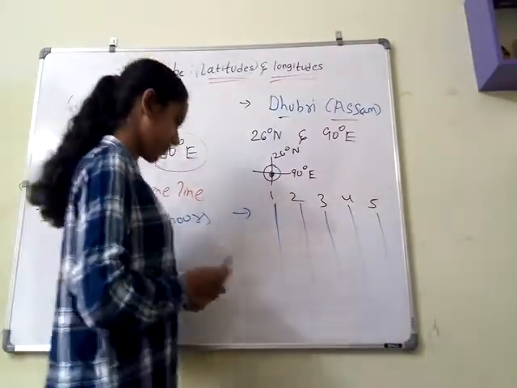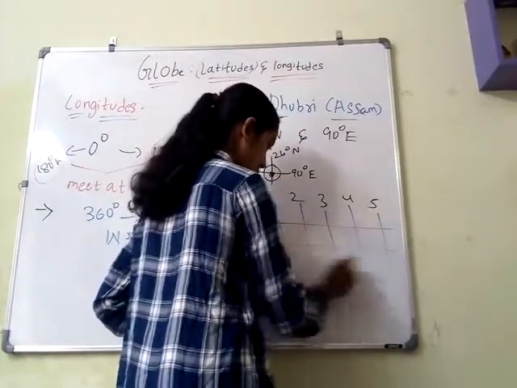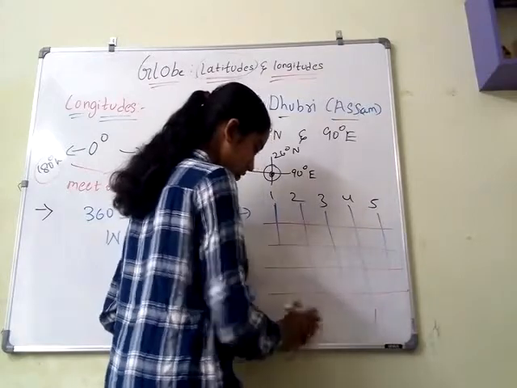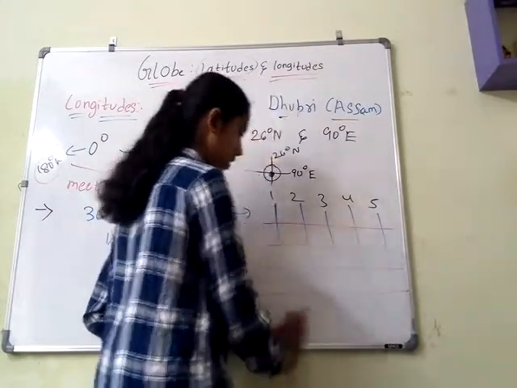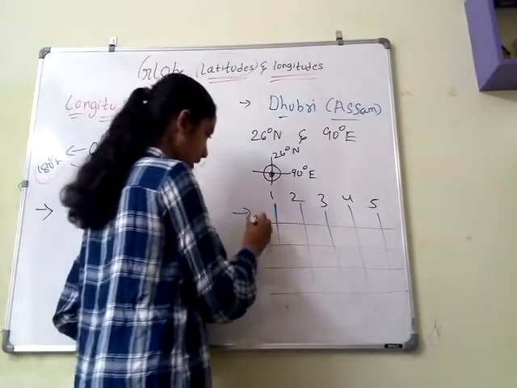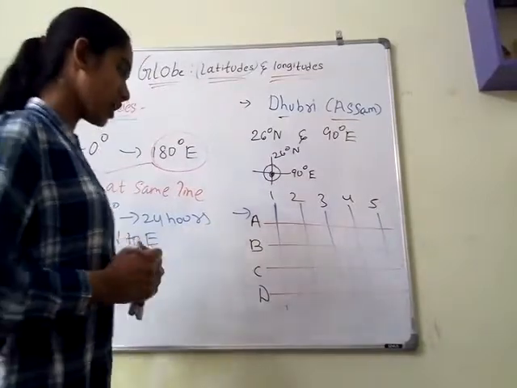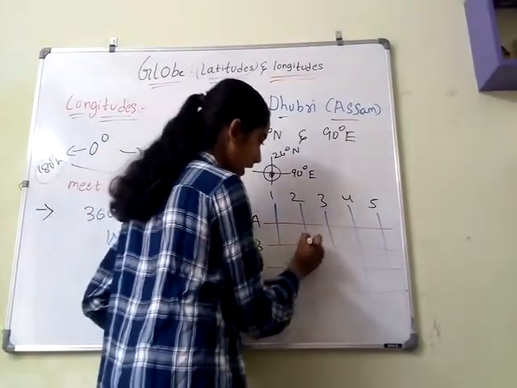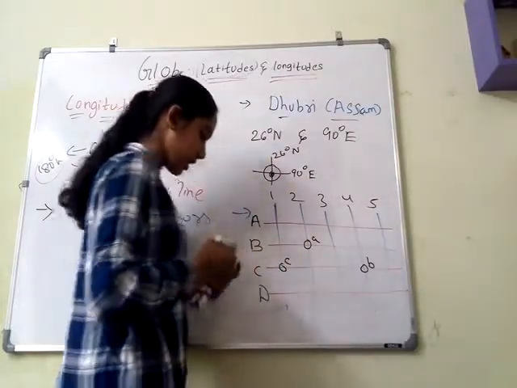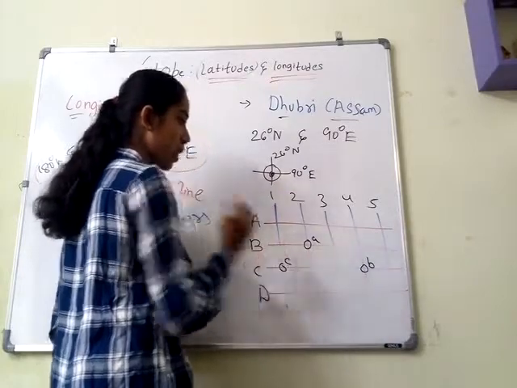And next, draw 5 horizontal lines, and name them A, B, C, D. Now I am marking here with A, here with a small point B, and here with C.